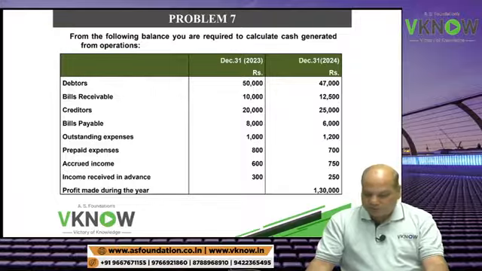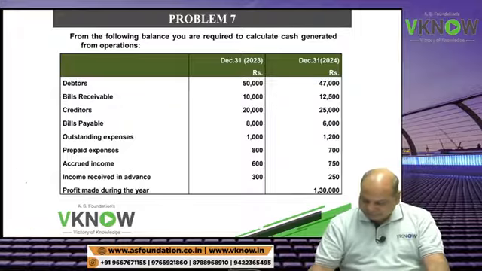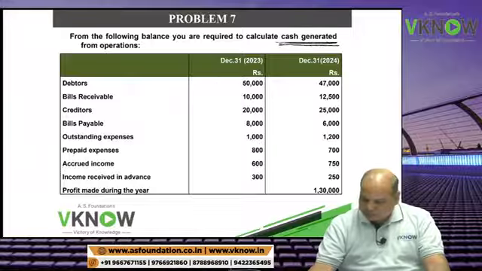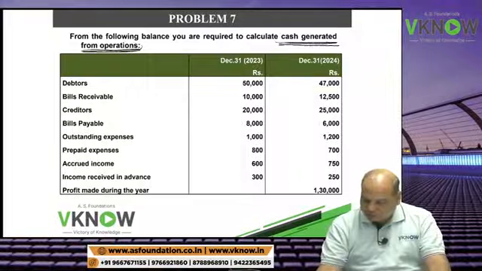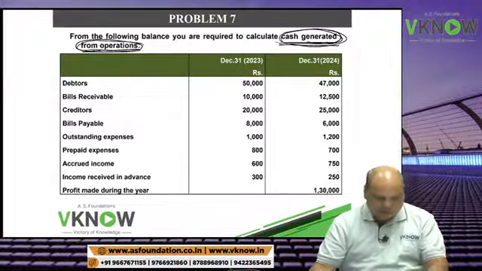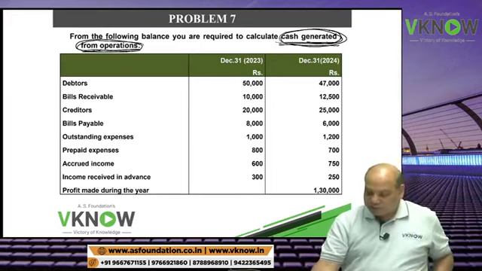From the following balances, you are required to calculate cash generated from operations. Only you have to find out how much cash is generated from operating activity. Not a full question, only operating activity.